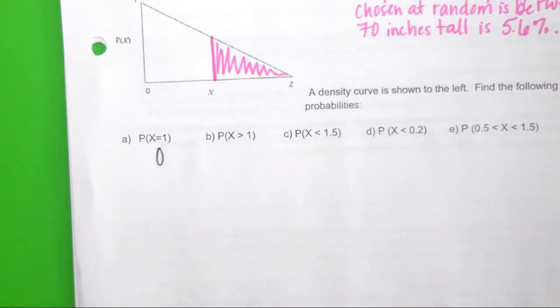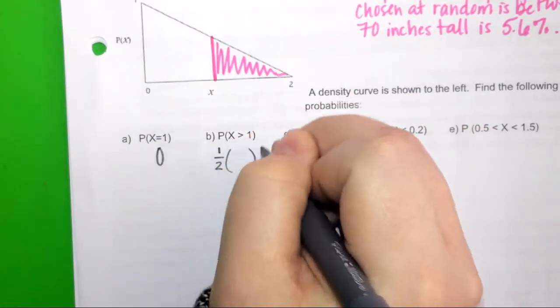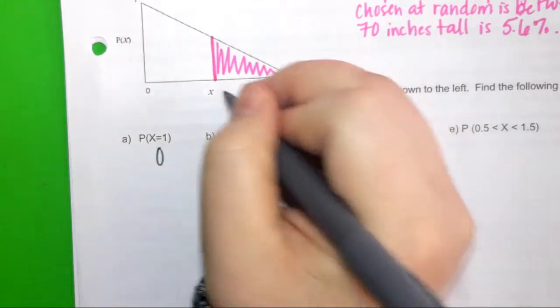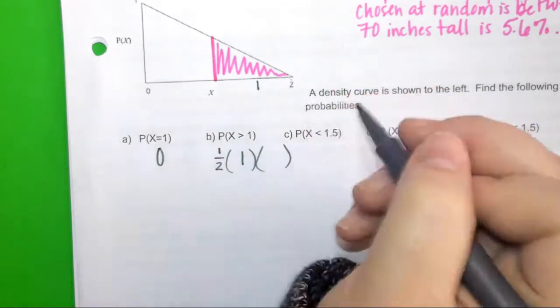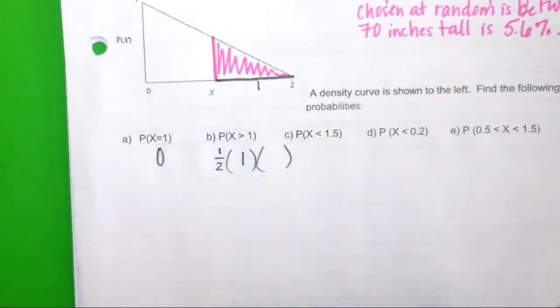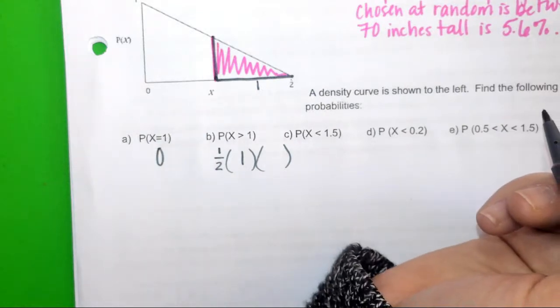We can calculate this. The formula for the area of a triangle is 1/2 base times height. We need a number for the base and a number for the height. The base is 1, because from 1 to 2, we call it 1. The height is 0.5. You can just assume it's 0.5.